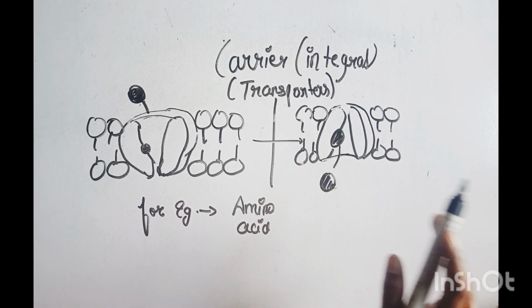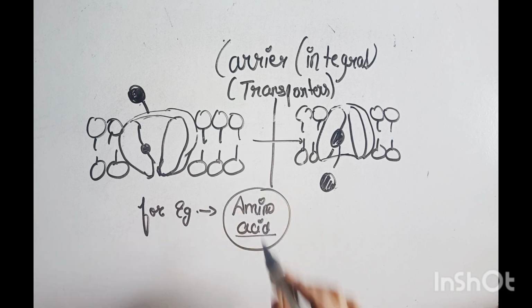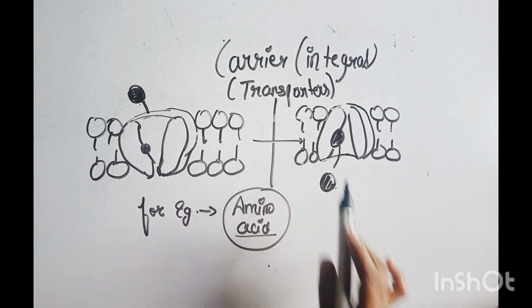This is called a carrier. For example, there are so many amino acids needed to synthesize protein, so they are transported inside the cell with the help of this carrier.